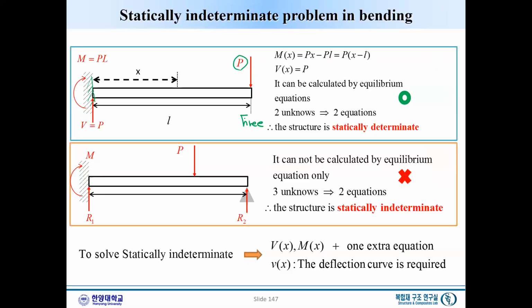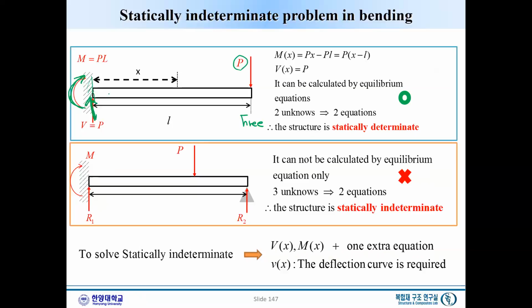Then we always need to calculate the reaction force at the end. So here we need to have some reaction force. What kind of reaction force can we have? Well, the reaction force could be a moment and another force.